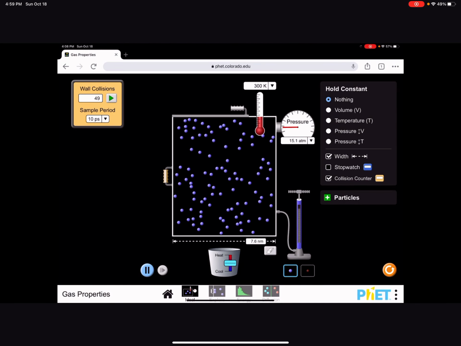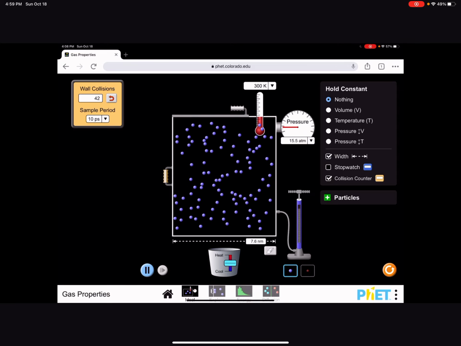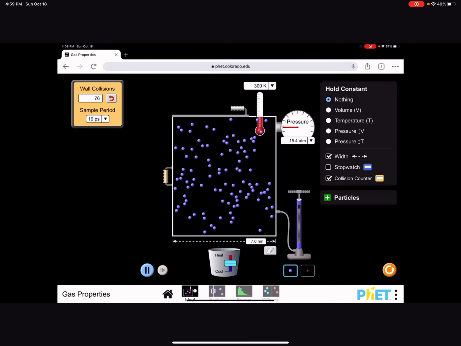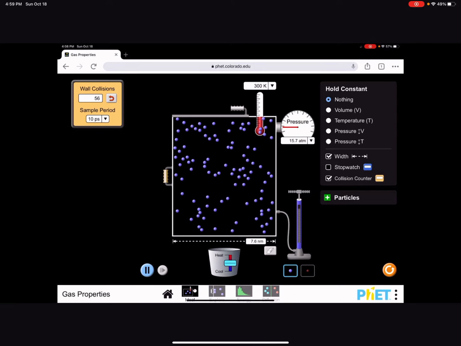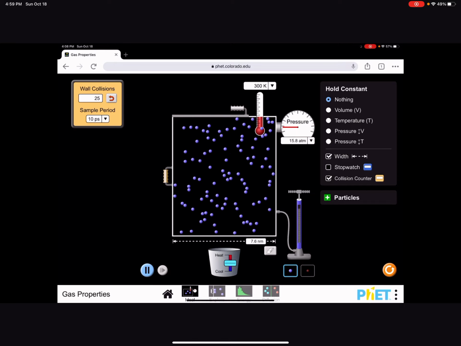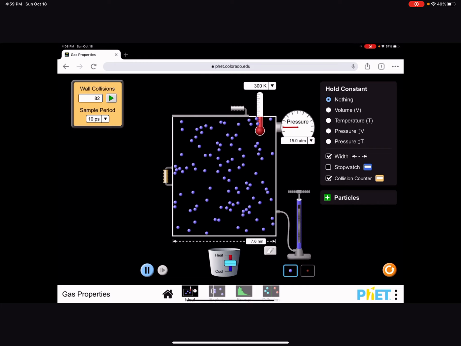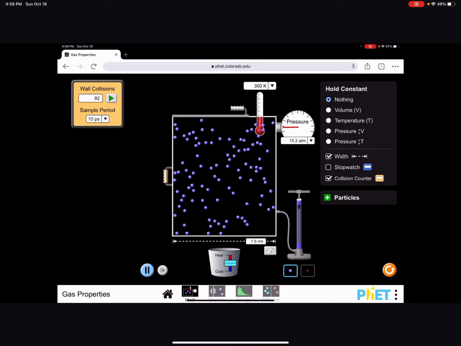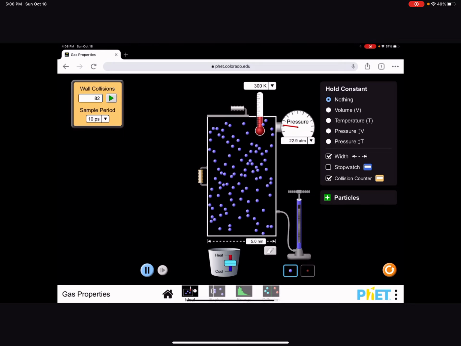So let's see what happens when we decrease the size of this container. If you remember, originally it had in the range of around 90, so that's 83, 94, 82, so 80 to 90. Let's make this container very small, or as small as it'll let us get it.